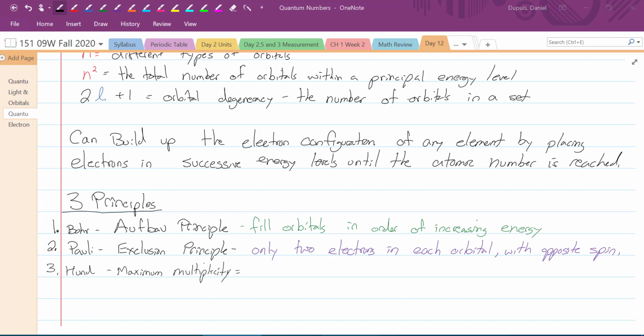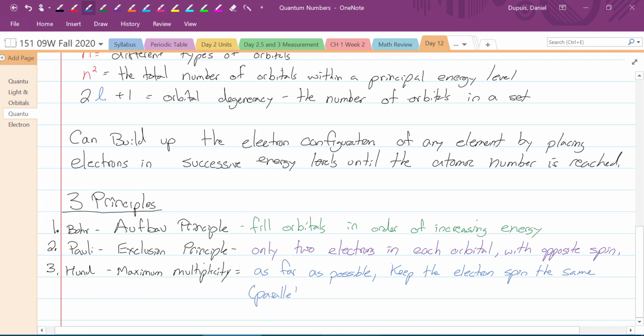And this one says that as far as possible, keep the electron spin the same, which is parallel, in a degenerate set of orbitals.